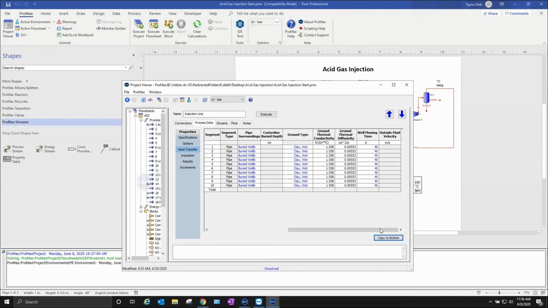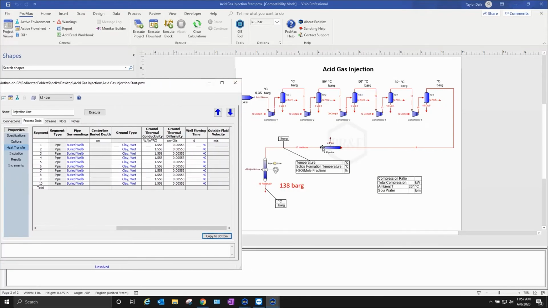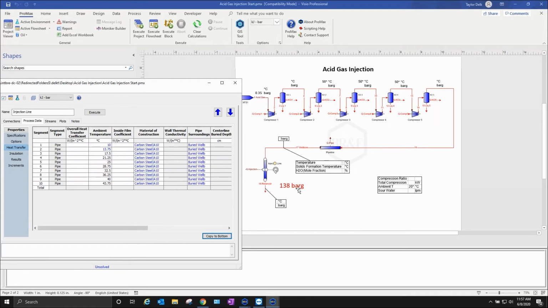Well flowing time is going to account for the transient nature of this heat transfer, right? When you first start flowing this acid gas down into the ground, it's going to be either heating up or cooling down the surroundings. I guess, let's see this temperature, 10 degrees C. It's probably going to be coming in at 50 degrees C. So it's probably going to be heating up the surroundings at first.